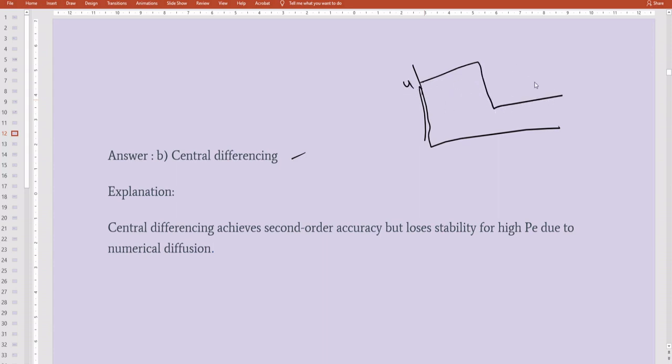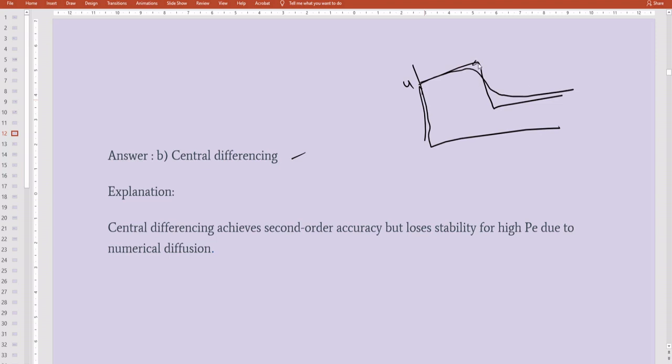Suppose our solution was a step function. When using this standard differencing at high Peclet numbers, it will create some numerical diffusion, and our solution will go like this line.